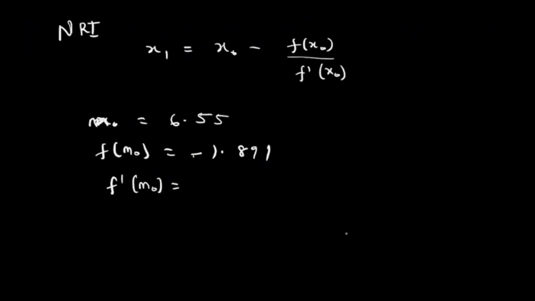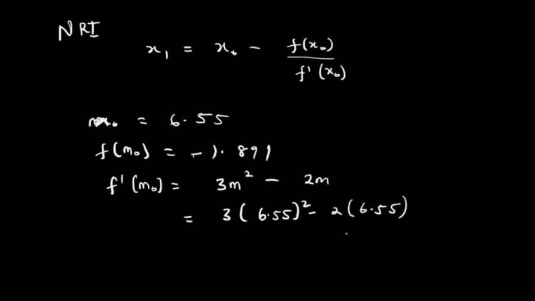So if you want to differentiate it now, we have 3m squared minus 2m, right? Where m is 6.55. So this is 3 multiplied by 6.55 squared minus 2 multiplied by 6.55. This is something as 115.6075.